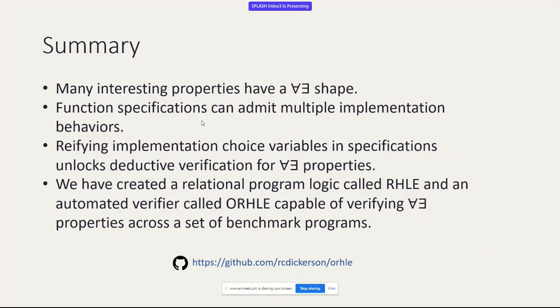When we reify choices that implementations get to make into the specifications, that unlocks this deductive verification technique for for all exists properties. We created a program logic called RHLE and a verification algorithm called RHLE to do this verification and ran it on a suite of benchmarks. The code is available on GitHub. So with that, thanks for your attention, and I'm happy to take questions.